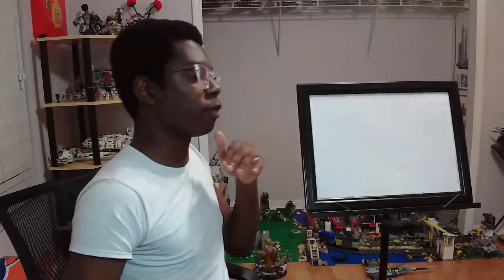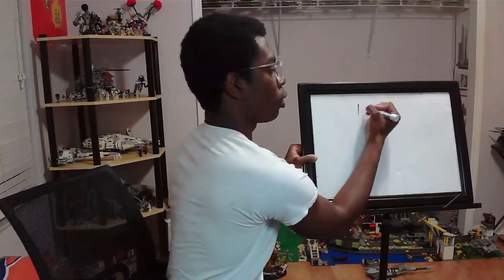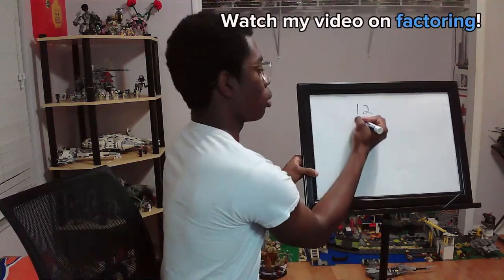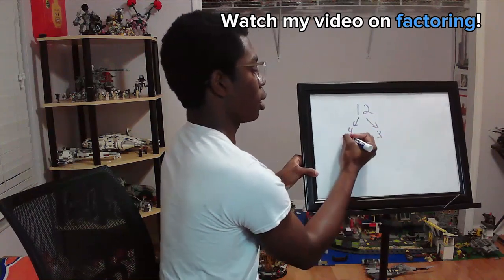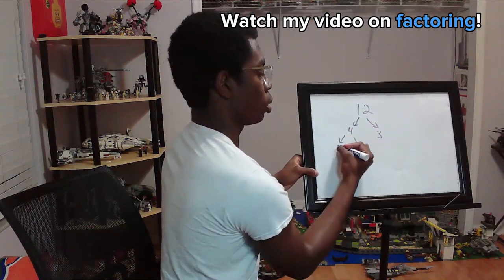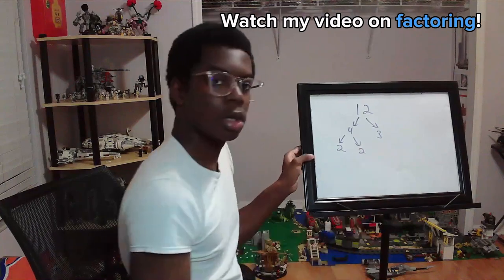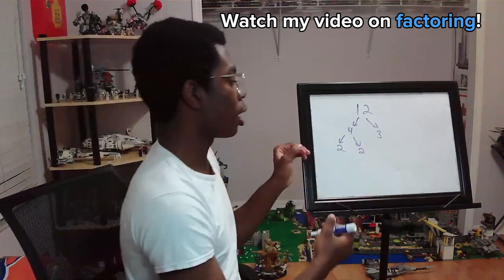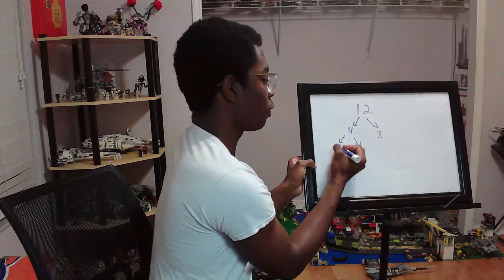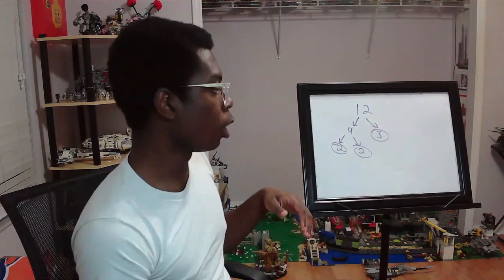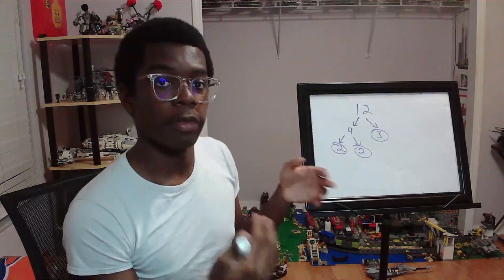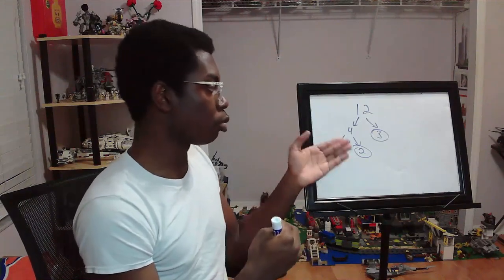And a good way to view that is just by factoring. So if we take 12, for instance, you can split that into 4 and 3, and 2 and 2. So any combination of these prime factors, I'm going to circle the prime factors, those are going to be factors of 12.